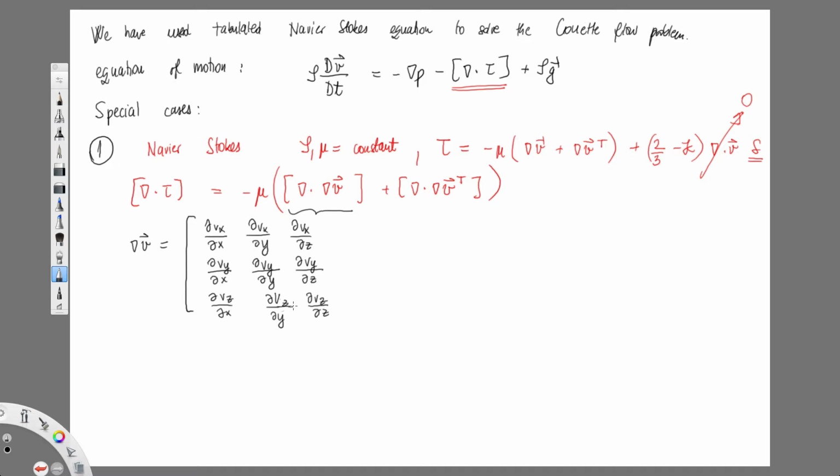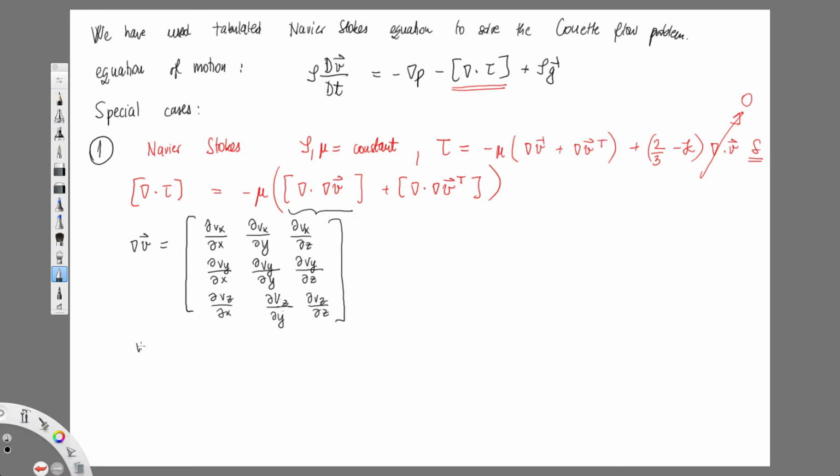I keep trying to use my finger to erase things on this device, and I wonder if some next iteration of the device will allow for that. Anyway. All right. So what did we say is the divergence of a tensor? Basically, a transpose of this is just, of course, the transpose.